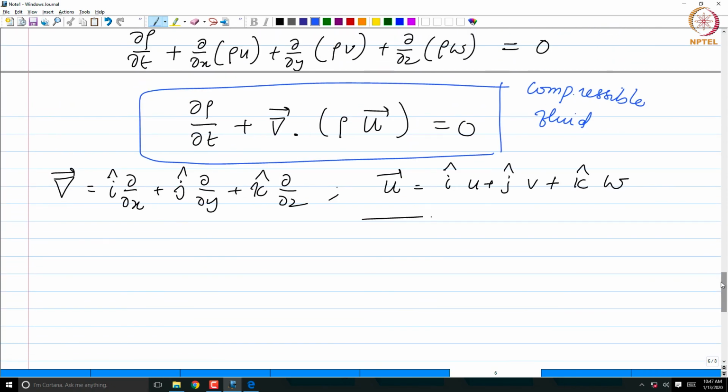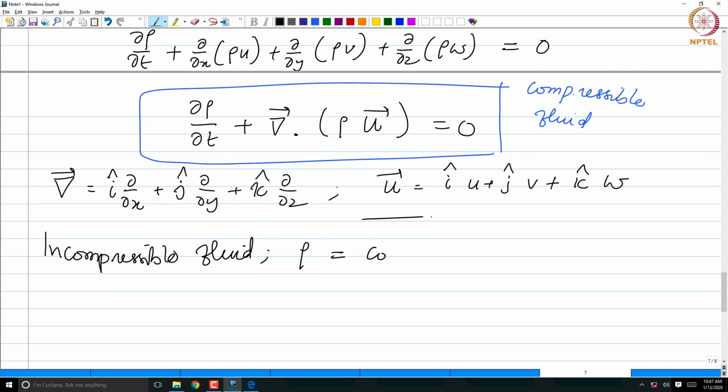Now let's say we have an incompressible fluid, which is where the density is a constant. If density is a constant, then the first term drops out.